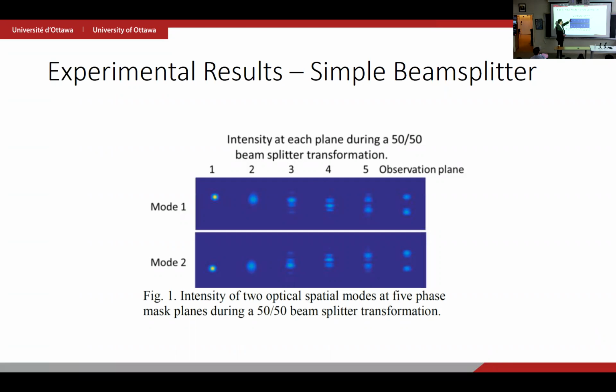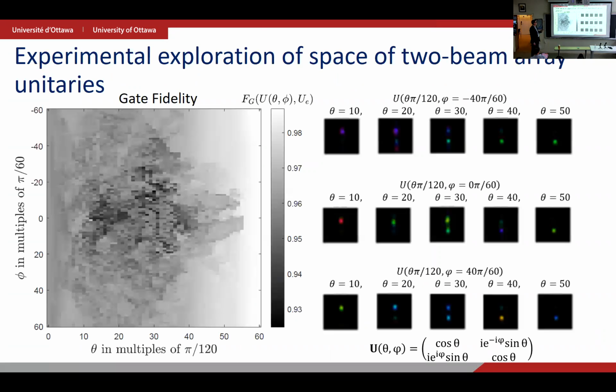If we sent in one mode, we could make a superposition at the output. So far we've only done 2 beams coming in. In the future, we'll increase it. And this is just showing that we could do that beam splitter transformation. And this shows you what the light's doing as you go through. Again, it's just transforming in kind of a random, non-intuitive way.